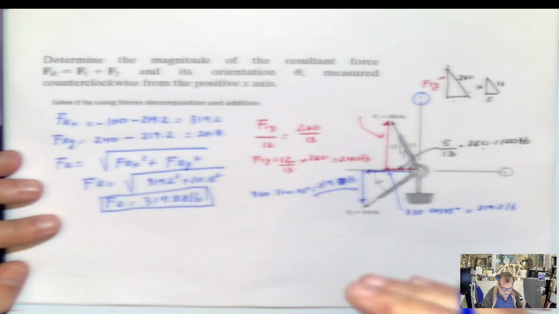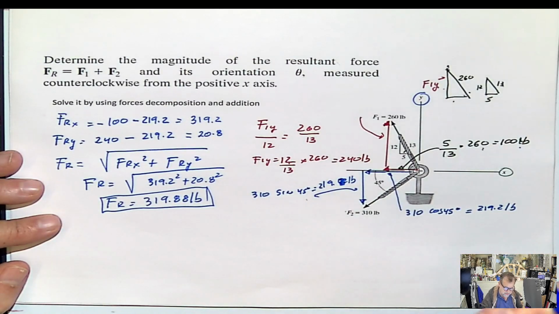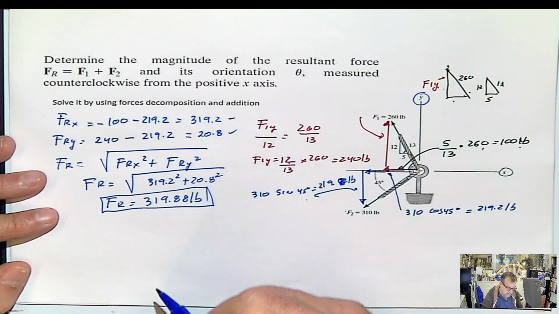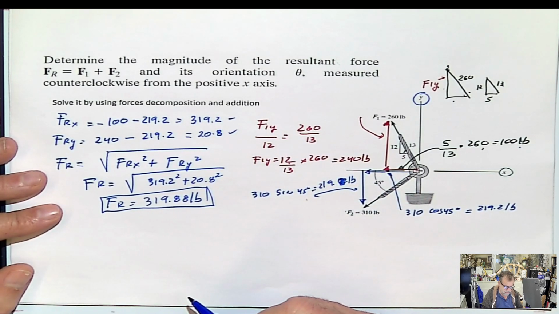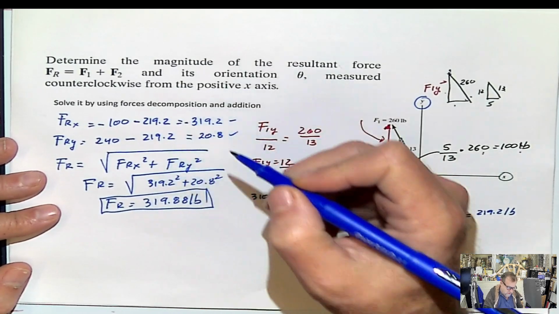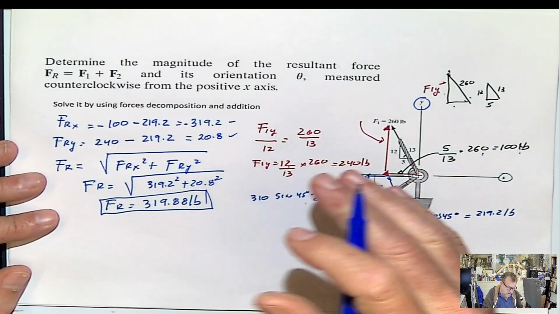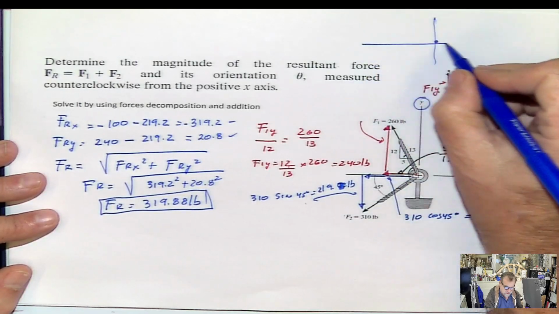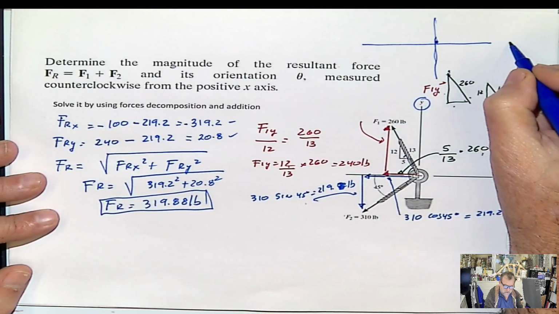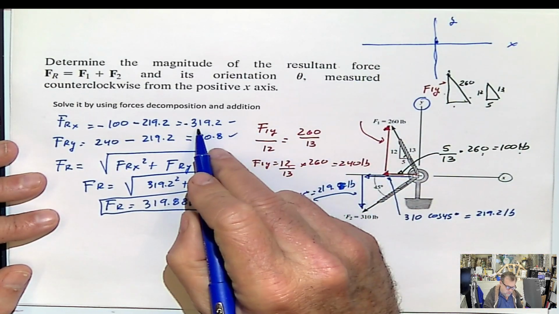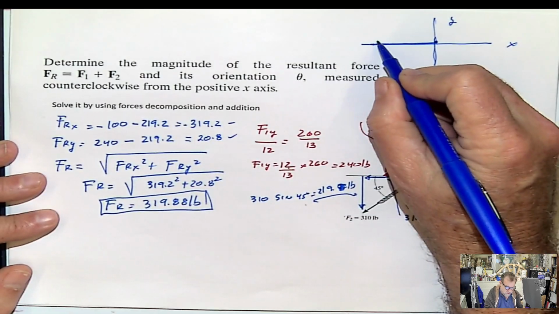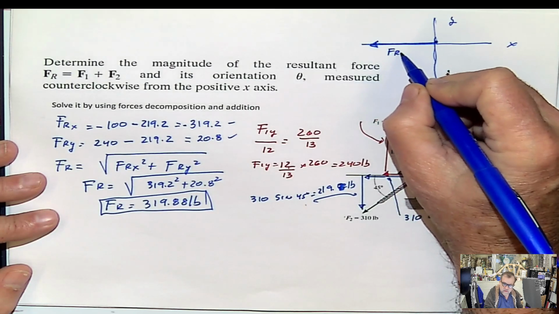Now, we need the direction. Of course, measured counterclockwise from the positive x-axis, and so on. What I do, and I still do that, once I have these two, I plot them out, just to be sure of the direction that they are going. So basically, if this is my origin and this is my x and y, I do kind of a representation of this. So I put like 319 going in this side. This is FRx.